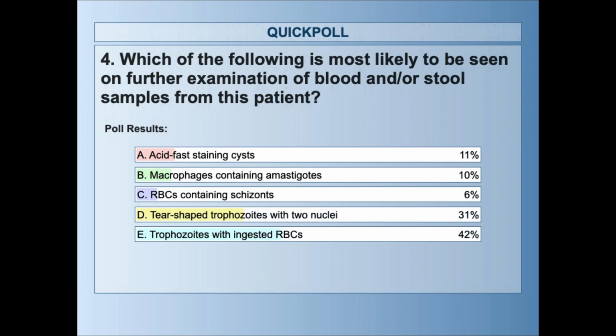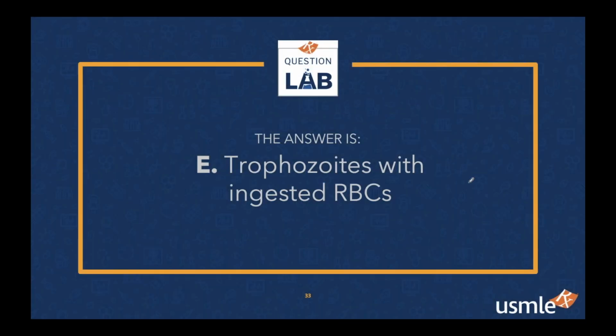And once again, 42% of you selected E, trophozoites with ingested RBCs. So let's take a look and see what the correct answer is. And the correct answer is once again E. It looks like 42 is our lucky number today. So let's go ahead and hand it off to Paris so we can explain it to you.